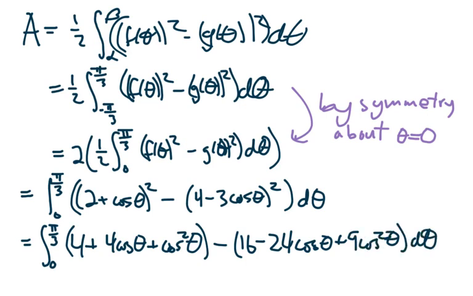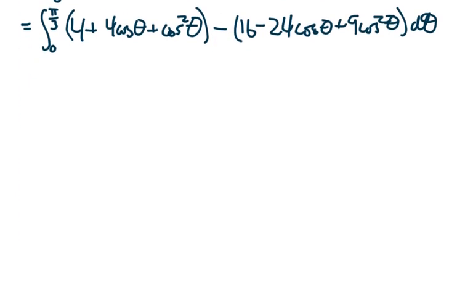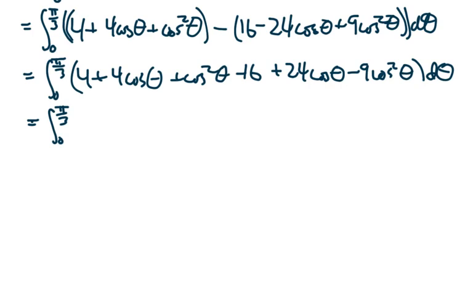And now we're going to distribute this minus sign and combine like terms. After distributing the minus sign, we say 4 and the negative 16 are like terms. 4 cosine theta, 24 cosine theta, the same sign, so this is going to be 28 cosine theta. And then we've got 1 cosine squared minus 9 cosine squared, minus 8 cosine squared theta.